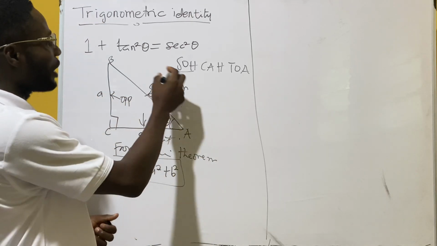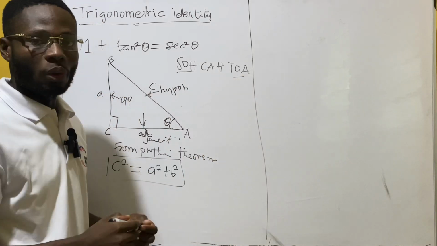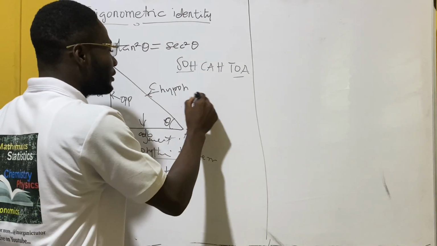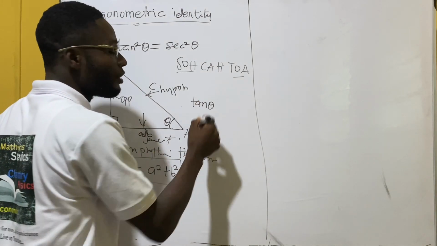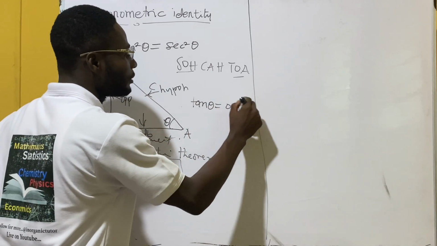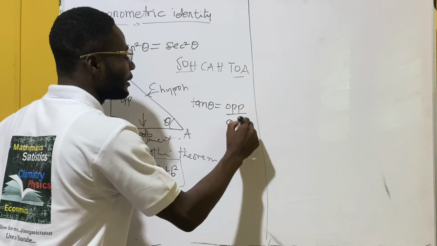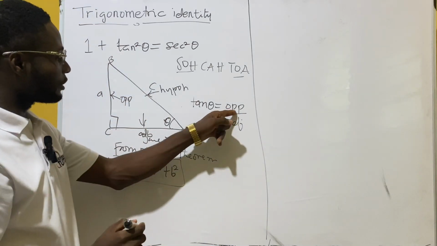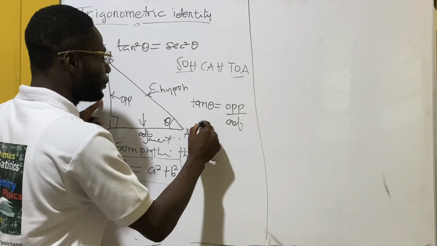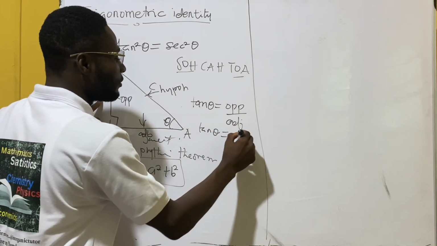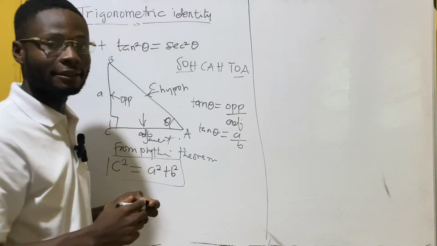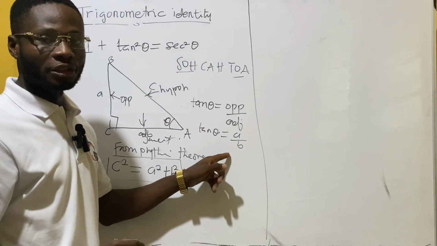Here we are interested in the TOA, which is tan. So tan theta equals opposite over adjacent. The opposite from this illustration is A, so tan theta equals A over adjacent, which is B.